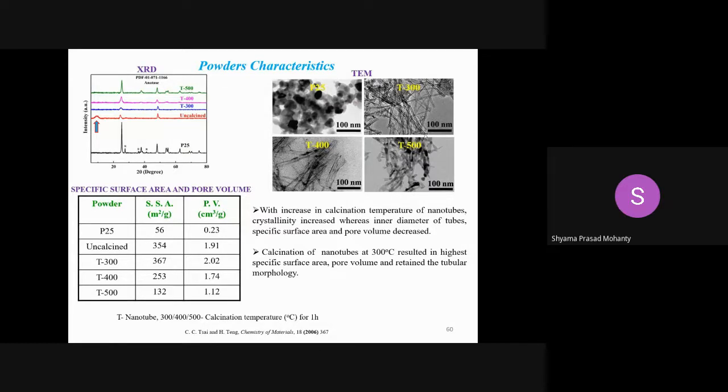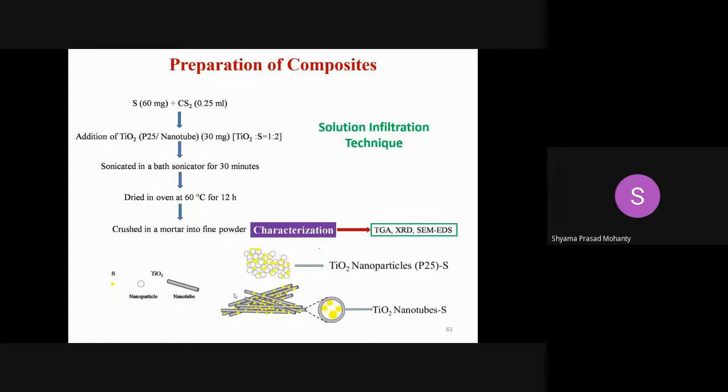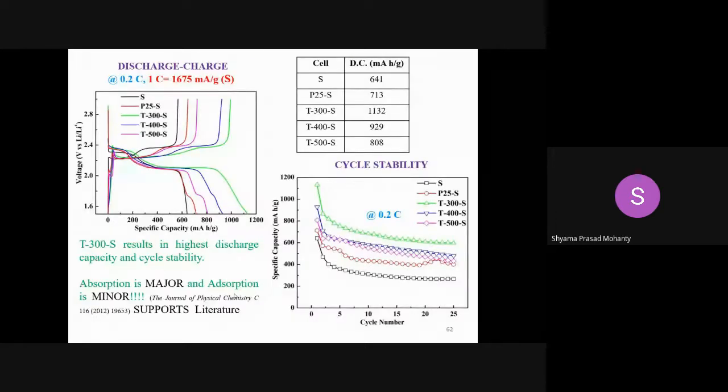So if you increase the temperature, as you can see from here, the specific surface area decreases and the pore volume is decreasing. Basically the structure gets collapsing. So we prepared composites with sulfur, and then we utilized them in lithium sulfur cells.